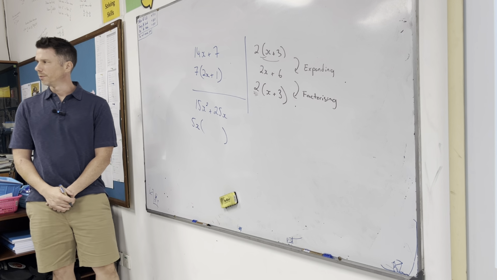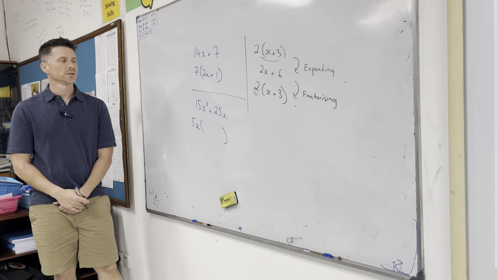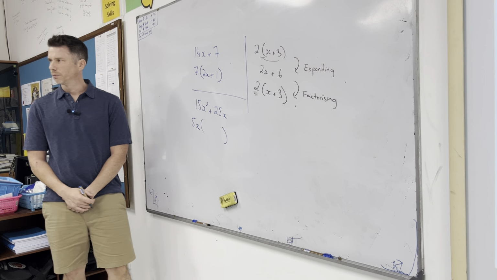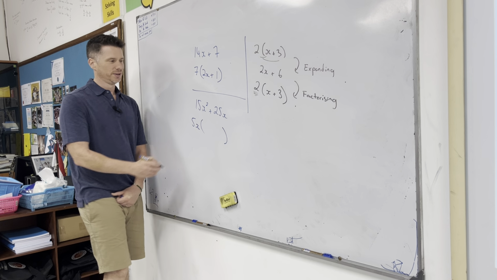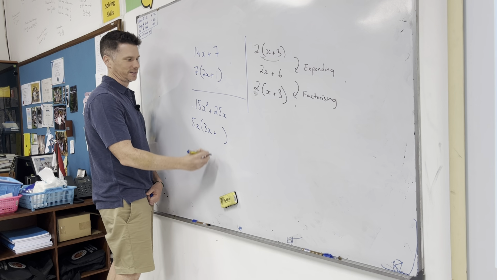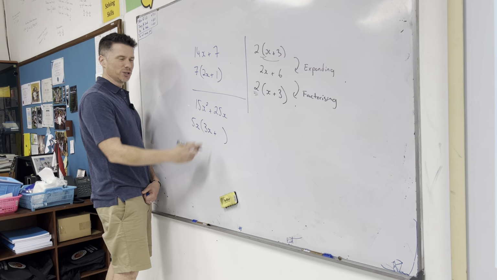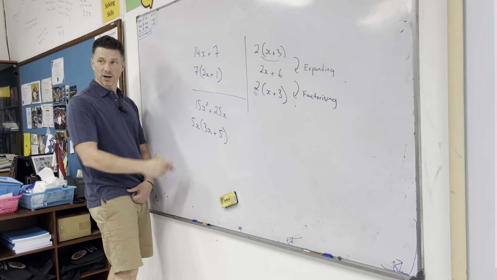Isn't there an x in common in both? So x would divide into both. What's going to be left in the bracket? 3x. Remember, it's got to multiply to give 25x. This has to be squared.